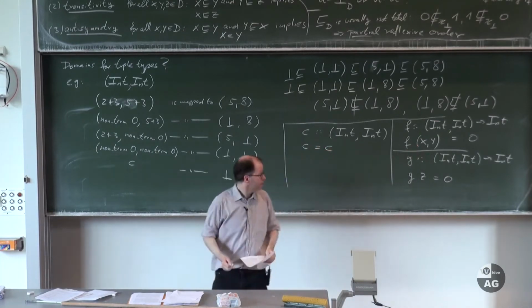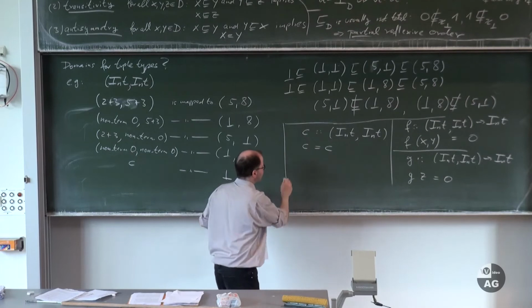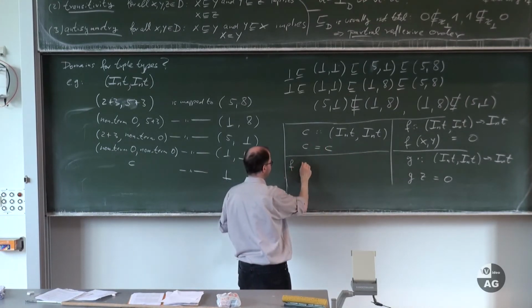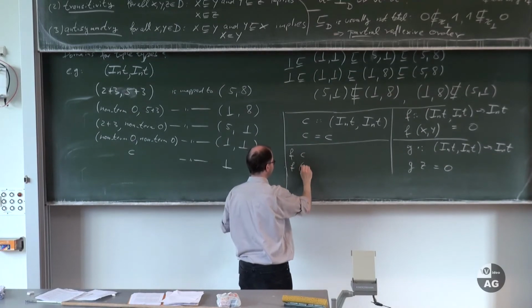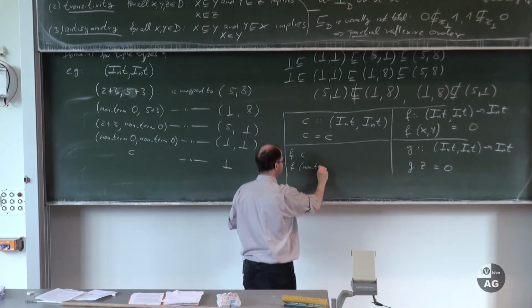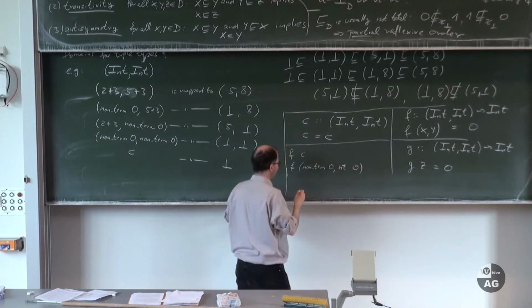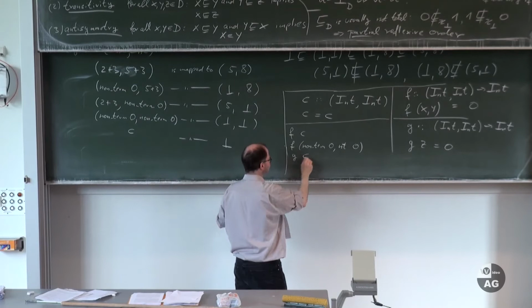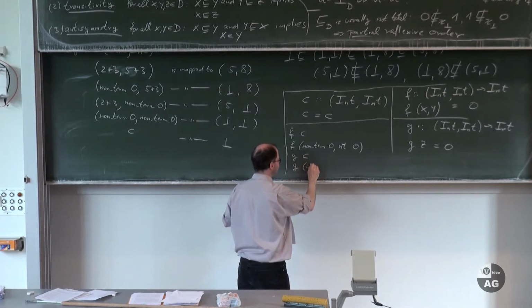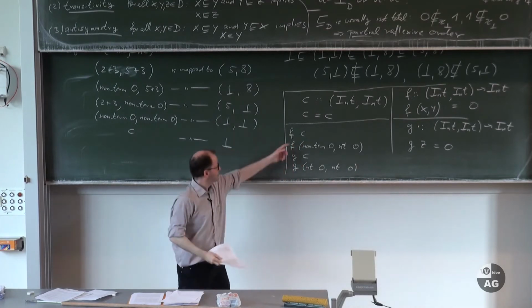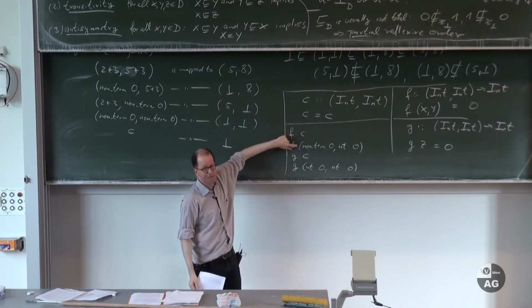And now what happens if I call f and g? So what happens if I call fc? What happens if I call f with non-term 0? I just write nt0 because non-term is such a long thing. What happens if I call gc, and what happens if I call g with non-term 0, non-term 0? I mean, the question is, does this thing behave differently from this?